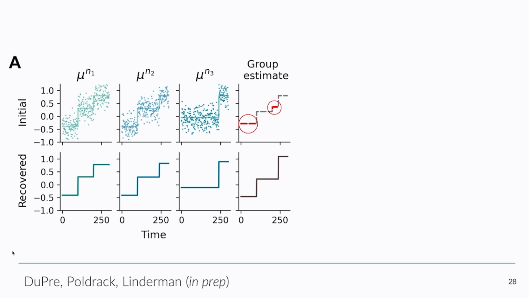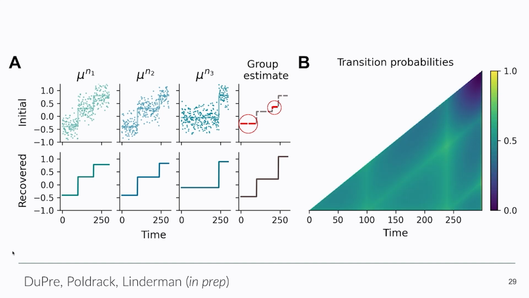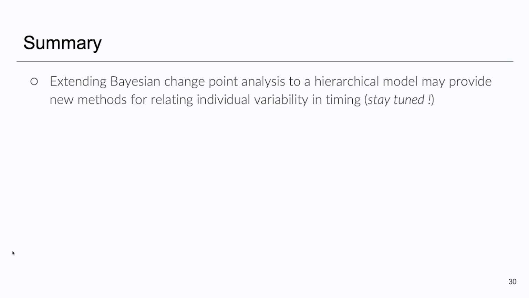But critically, for the group estimate, we no longer have this extra induced state that we would otherwise have been analyzing and maybe making inferences from, without fully understanding that it was just an artifact of the jitter. Critically also, because this is done in a fully Bayesian framework, we can look at the transition probabilities that we learn and really investigate the learned posterior for these models. So here, I really just wanted to give you a taste of that.